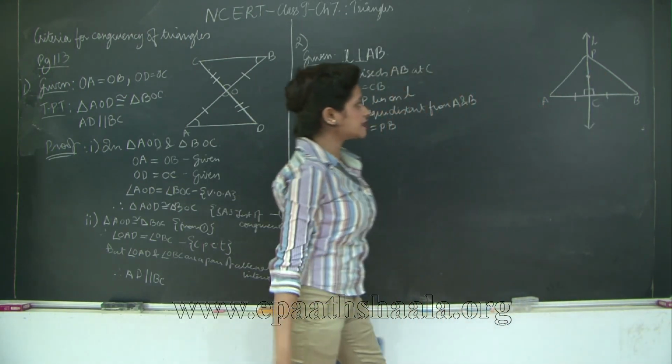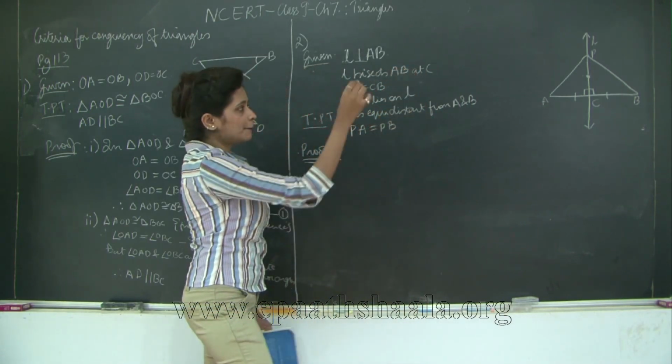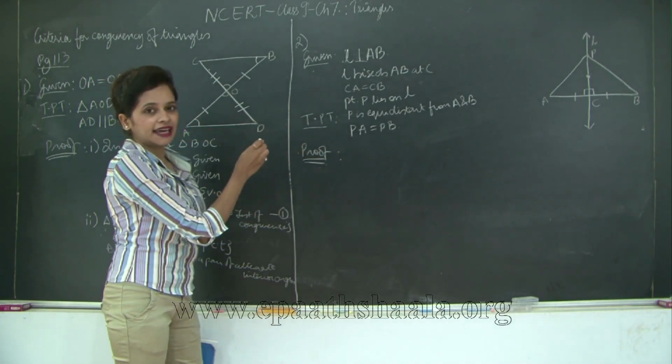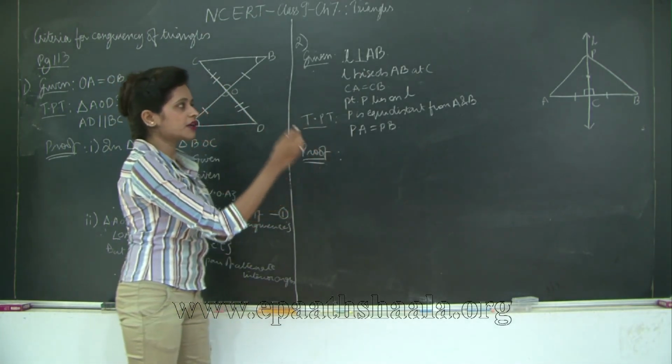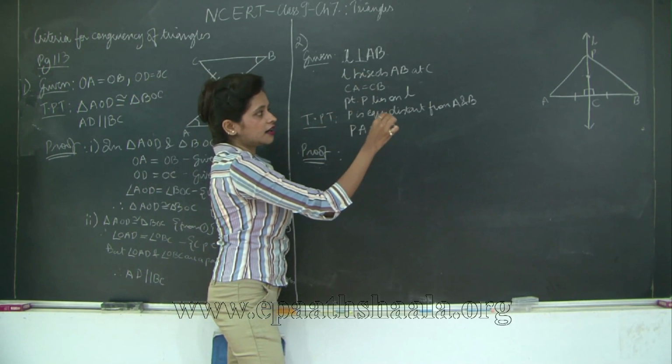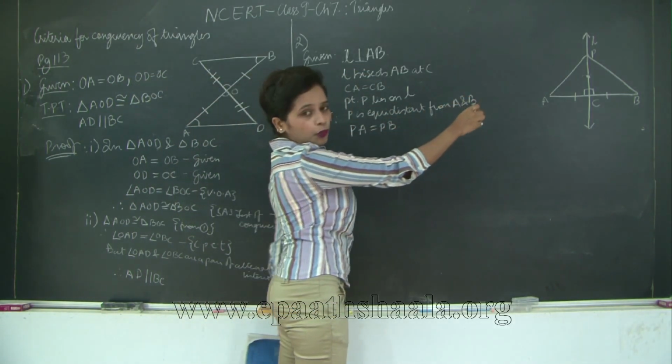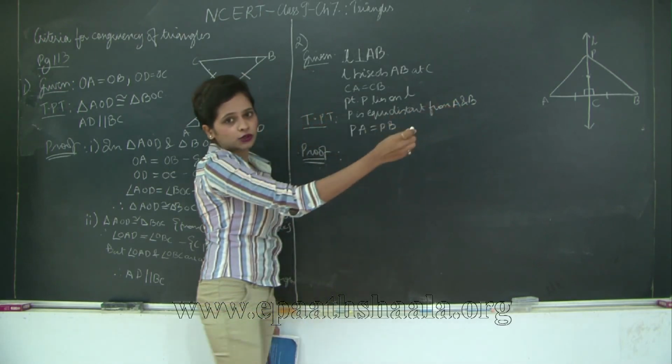So if you take into consideration triangles PCA and PCB, what do you get? You have CA is equal to CB. Why? Because line L is the perpendicular bisector of AB at point C. Therefore, CA is equal to CB.